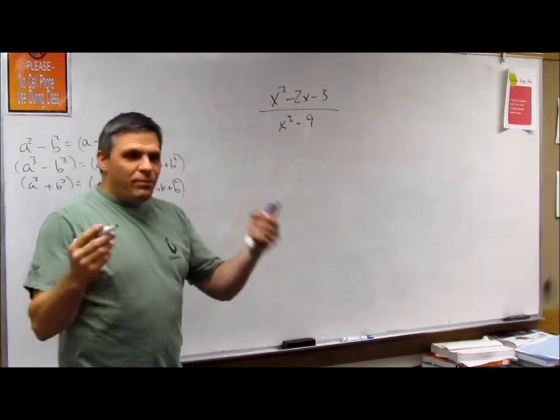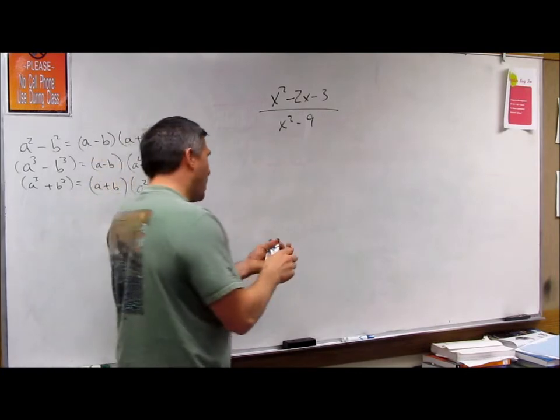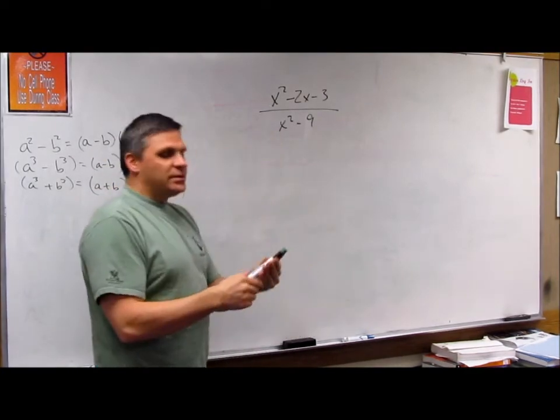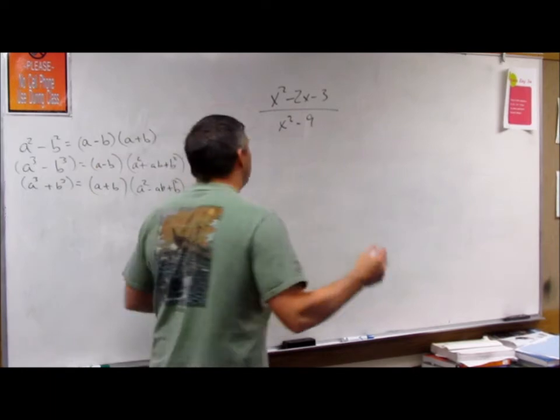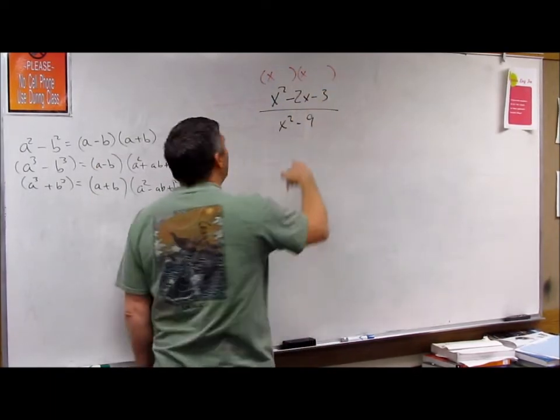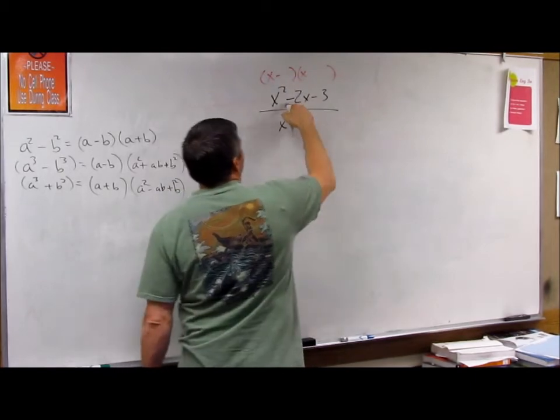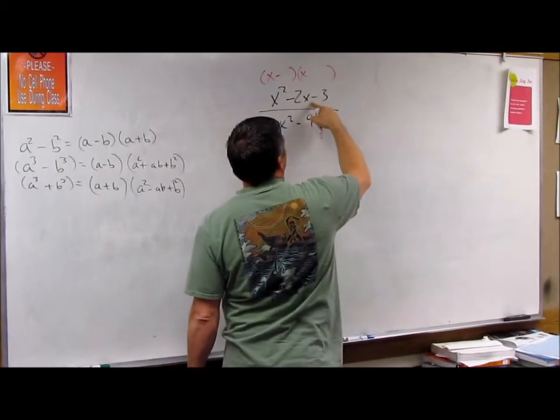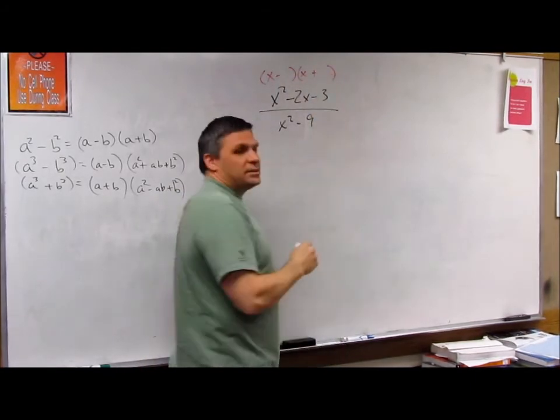Okay? So now we break it up again. And this one's going to be really fast to show you how fast this can be. Ready? Parentheses, variable, sign, minus. This sign tells me that they are different, plus.